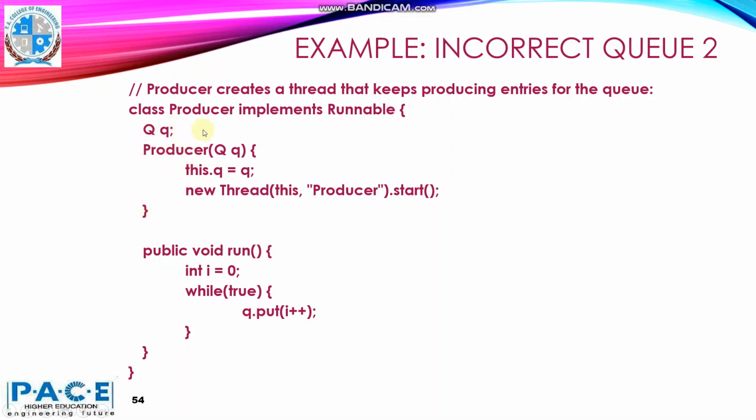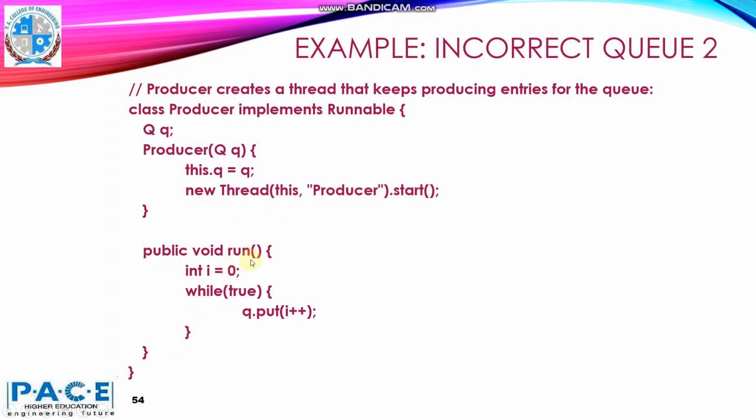Producer defines a constructor in which it takes a Queue object as a parameter, and that it uses to initialize the data member queue. Then a new thread is created by passing this pointer. We give the name Producer to it and the thread is started. And as we have discussed earlier, as the thread is started, basically the run method is called.